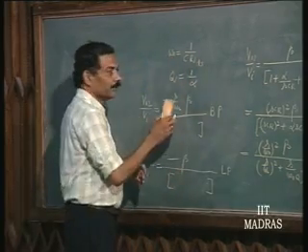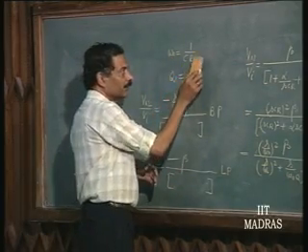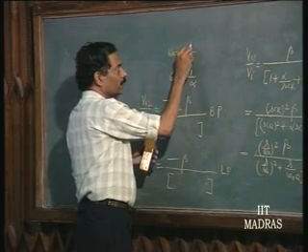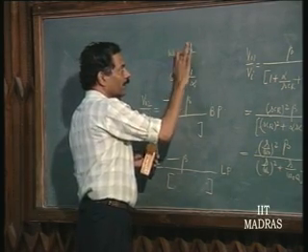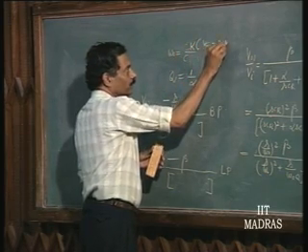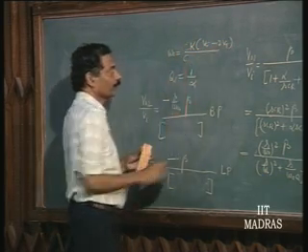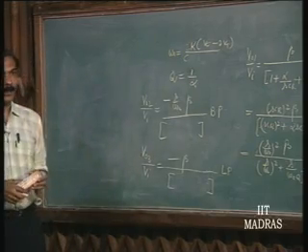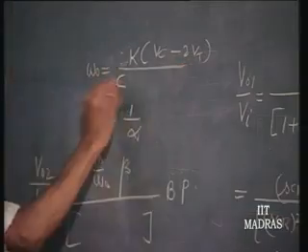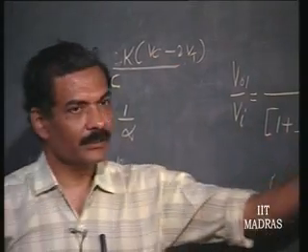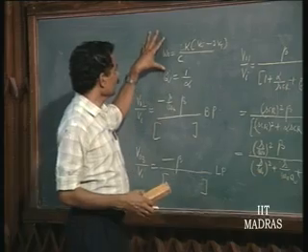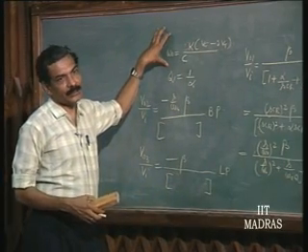RDS, we already know, is equal to 1 over 2k or k into Vc minus 2Vt. So, using these FETs which we had linearized, we can make this particular filter a voltage controlled filter.